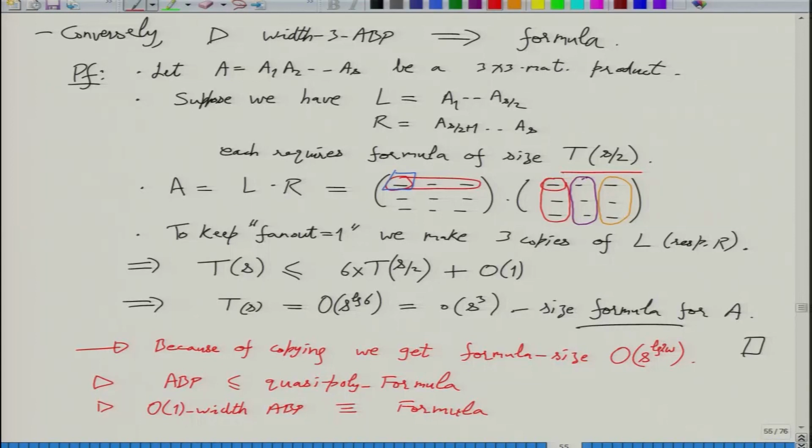And what is the relationship between formulas and circuits? Yeah, so if you look at low degree polynomials, then it is not clear whether formulas and circuits are different. But intuitively, formulas seem much weaker than low degree circuits.